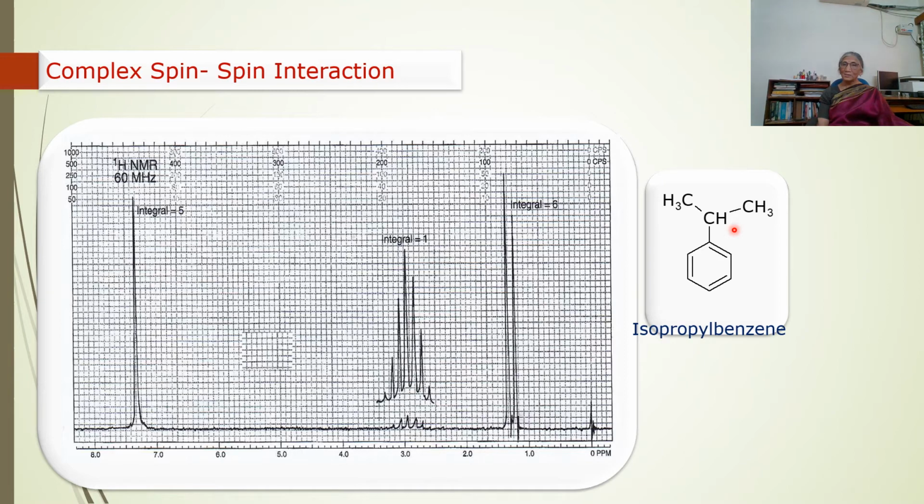And due to this, the signal of the methyl protons will split into 2 peaks. It will be a doublet. The intensity of the peaks is 1:1. Similarly here, the inner peaks are taller than the outer peaks. Therefore, this is the distortion because of the coupling.